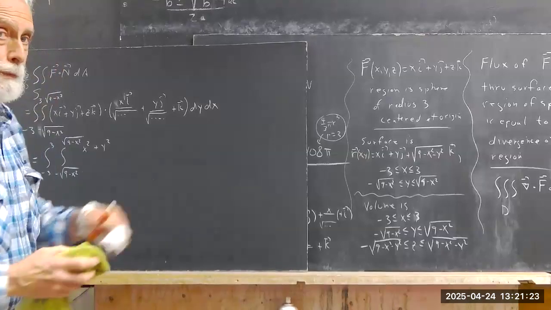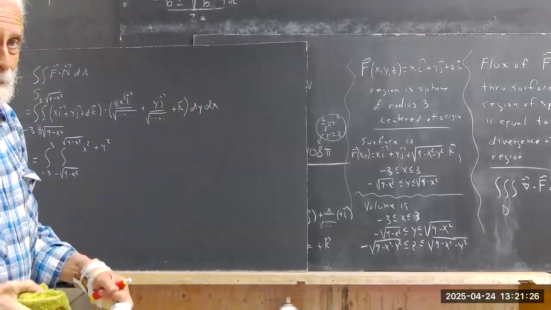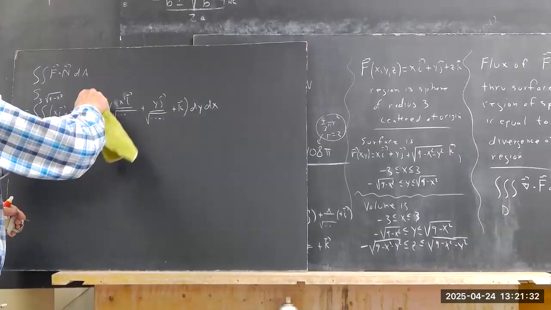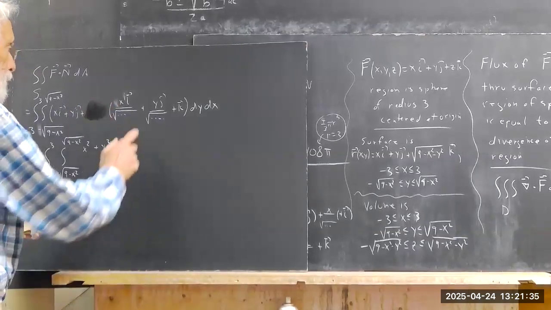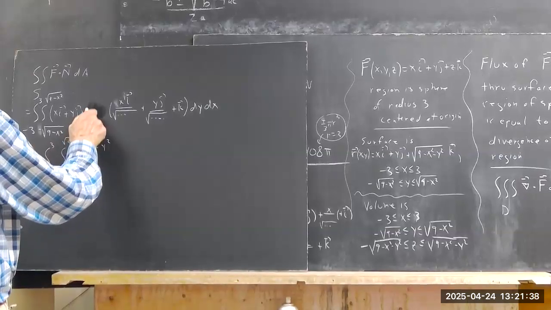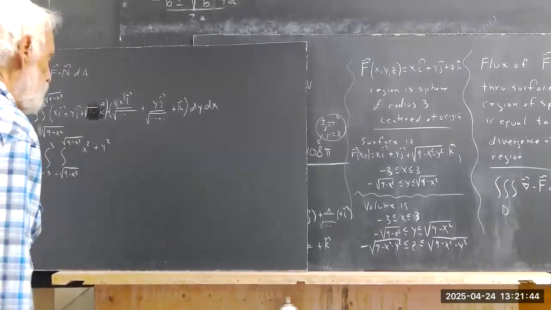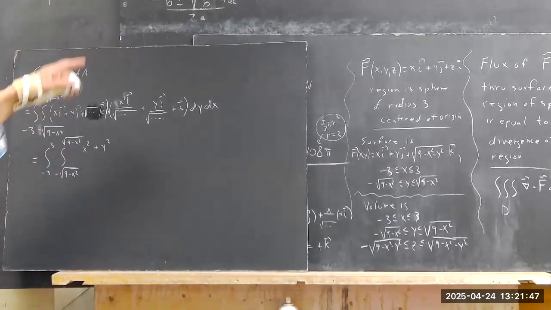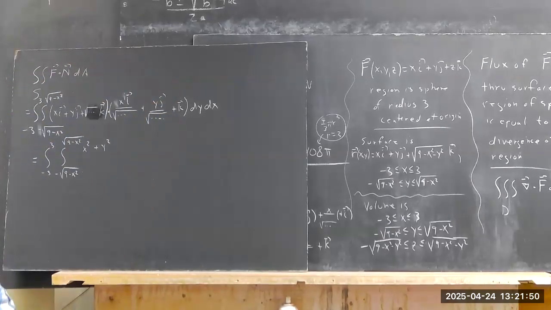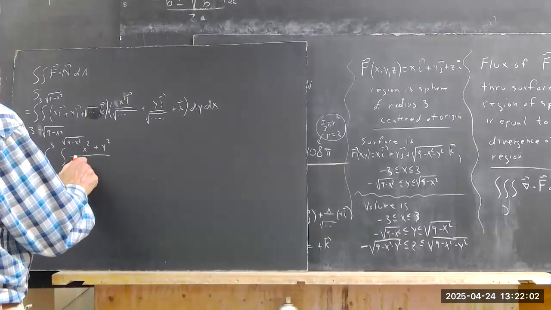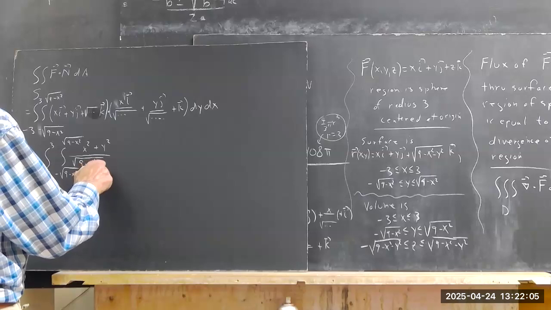Z is the square root of 9 minus x squared minus y squared, the surface, right?